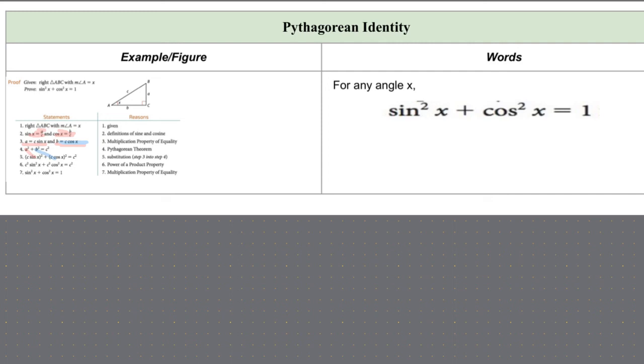So that would be c squared sine squared x plus c squared cosine squared x is equal to c squared. Then you get to divide everything by c squared. So if I divide everything by c squared right here, the c squared over c squared reduces down to 1, and the c squareds go away in front of your sine squared and cosine squared.